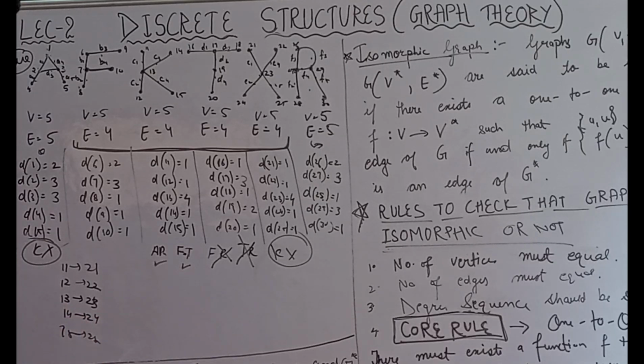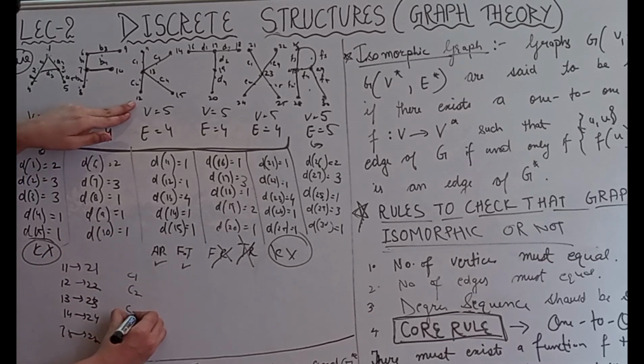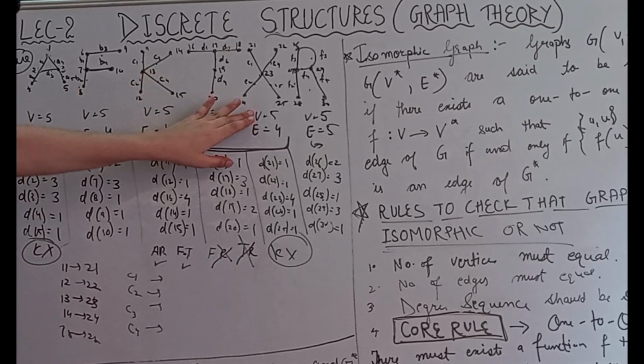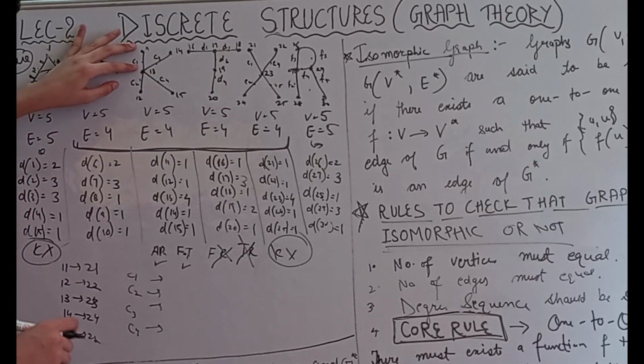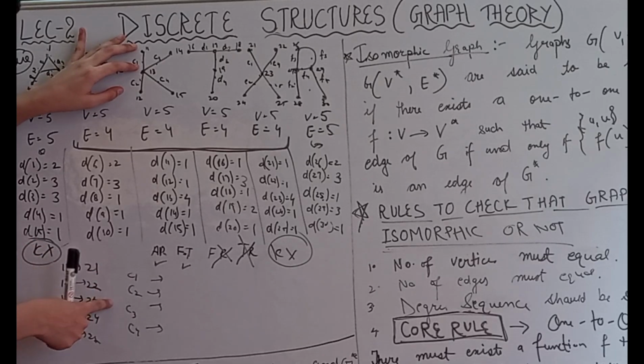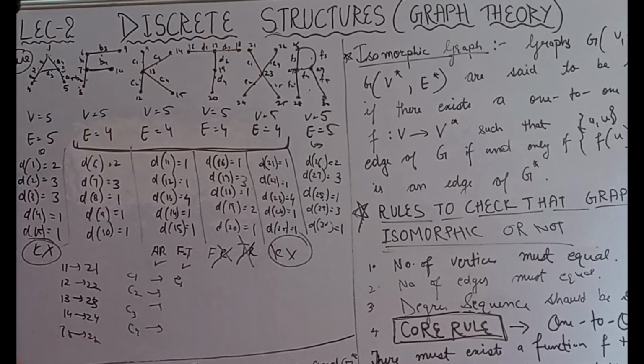So now let's first label all the vertices of K, C1, C2, C3, C4. We'll find the correspondence with the vertices of X. So C1 means 11 to 13, which means 21 to 23, and 21 to 23 in the graph means E1. So C1 will correspond to E1.